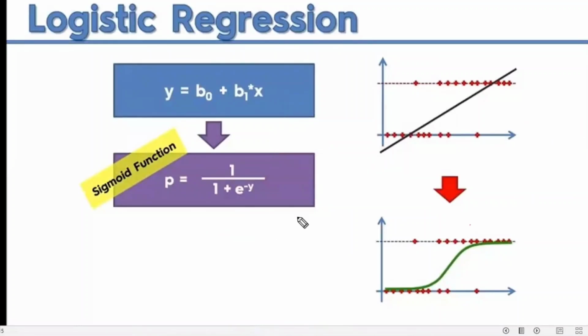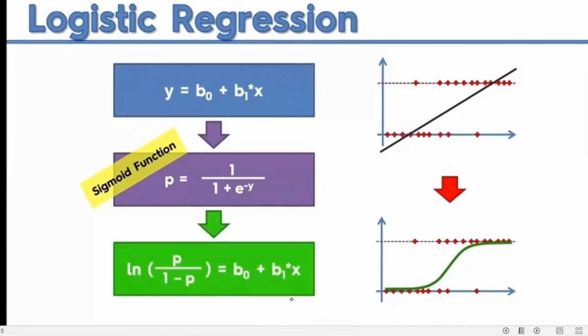Right? This is called the sigmoid function, where it is going to convert the y value to a corresponding probability. Now, this formula is equal to ln of p divided by 1 minus p. Both are the same. So now the question is, p is equal to 1 divided by 1 plus e to the power of minus y.